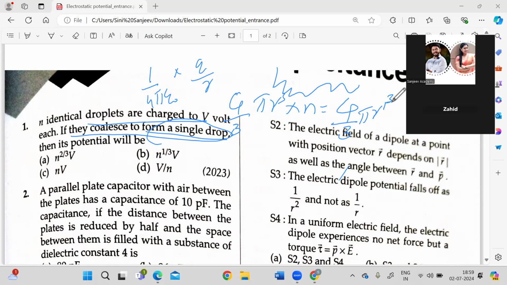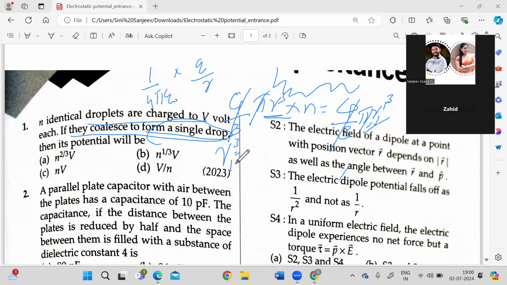Okay. So from this, what will get cancelled? 4 by 3 pi will get cancelled. And what will be my r dash cube from this? It is n r cube. Correct? If you want, I'll write it as r1 cube.